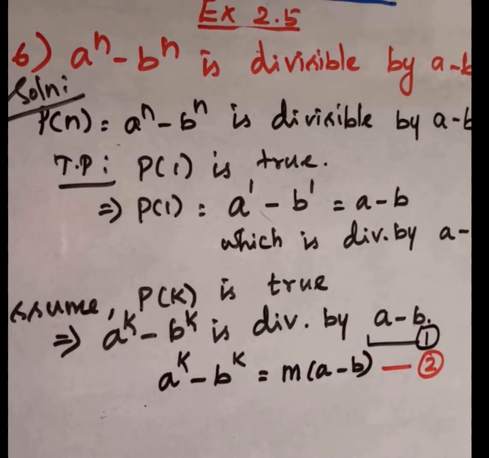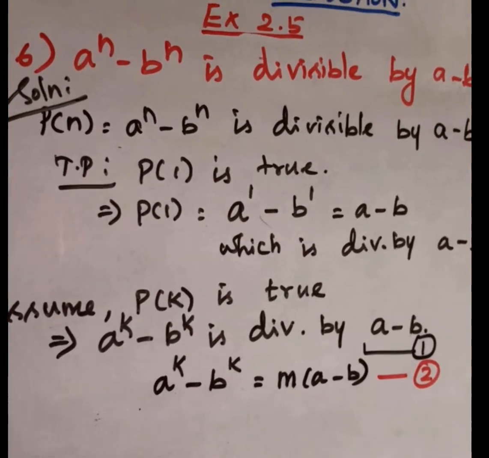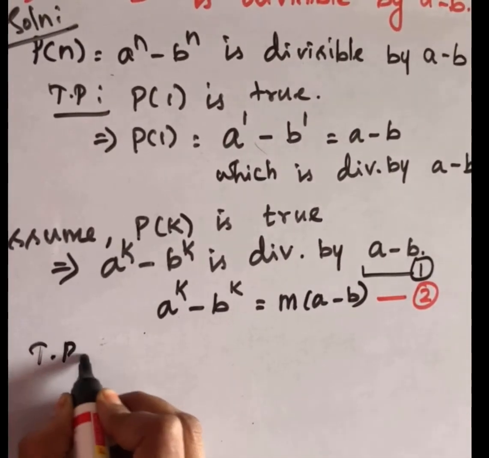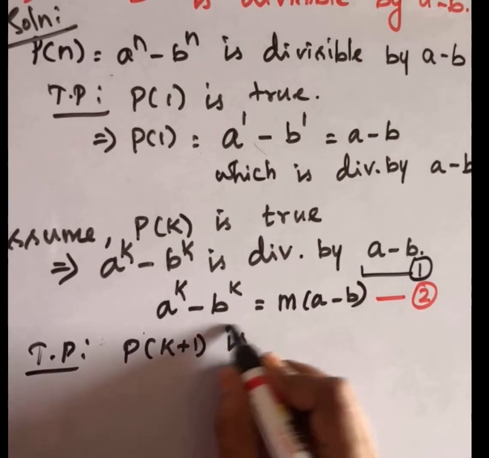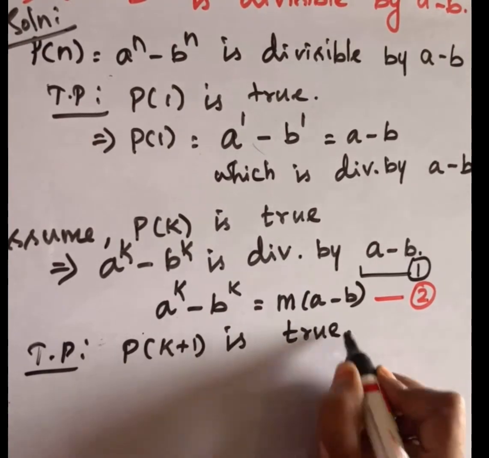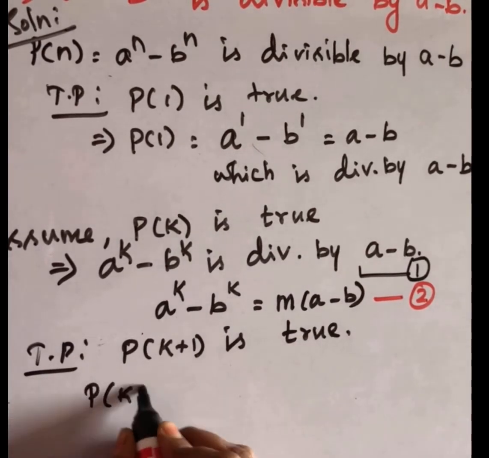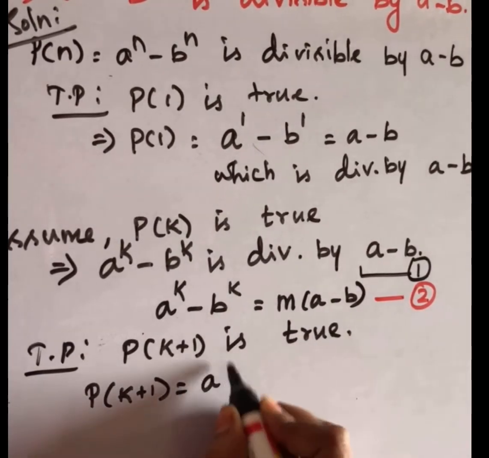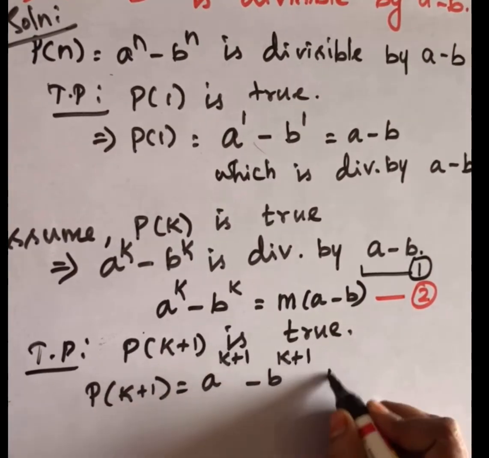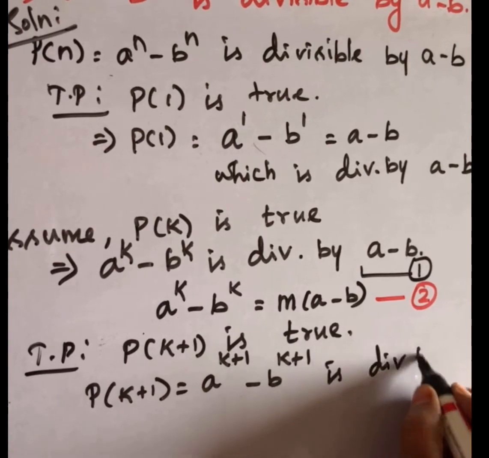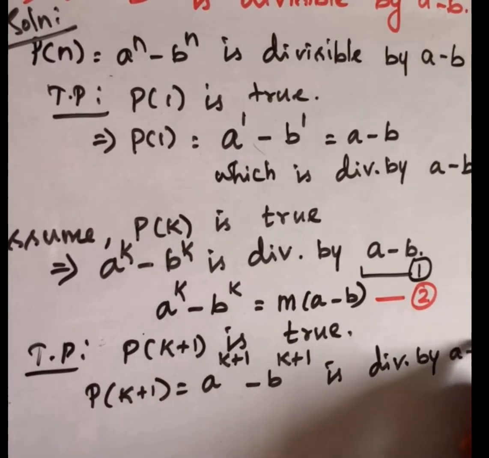Okay. Now, the third step, we have to prove p of k plus 1 is true. What is our p of k plus 1? a power k plus 1 minus b power k plus 1 is divisible by a minus b.